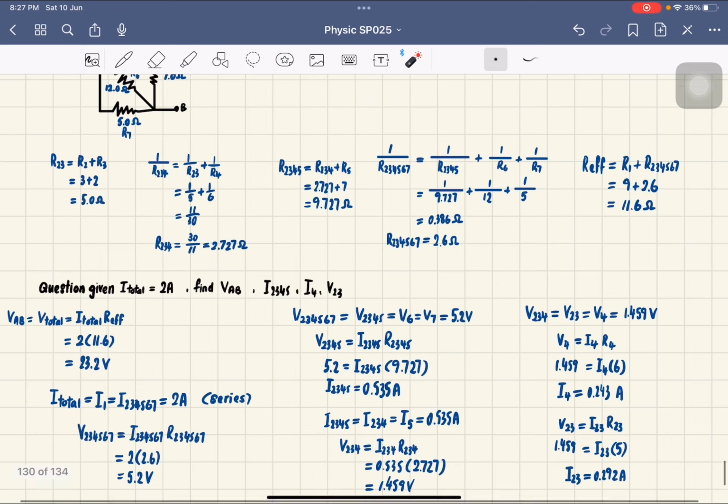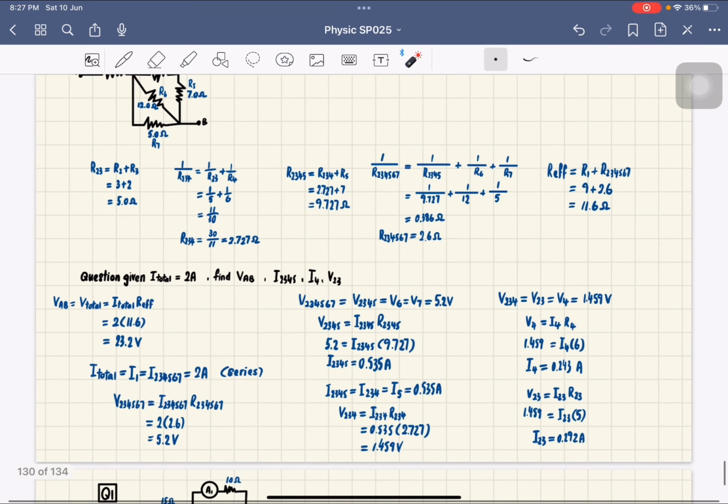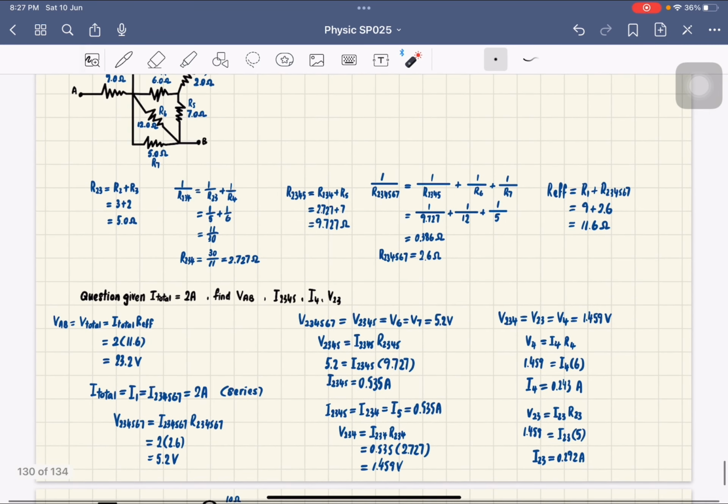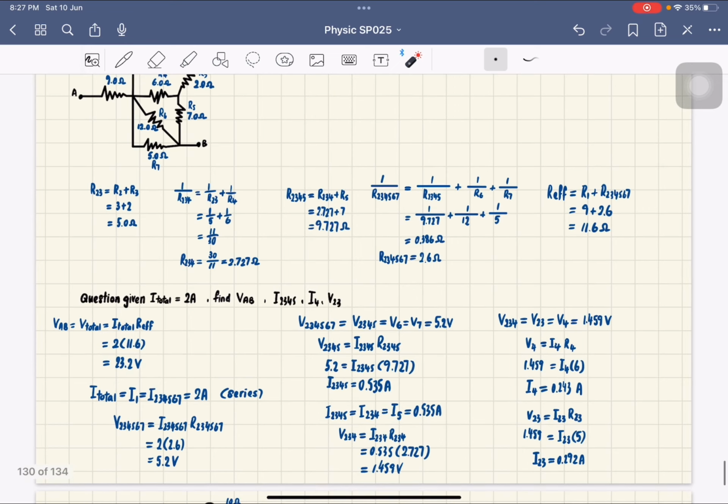Then the voltage V234567 is also equal to V2345, equal to V6, and subsequently equal to V7, which is the value 5.2 volts, since they are arranged in parallel and the voltage for parallel is always constant.